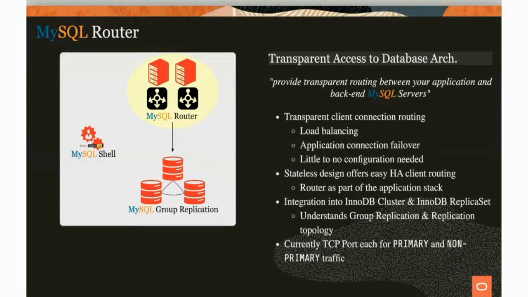Very important is that there's little to no configuration needed. It's very lightweight, and Shell actually configures the group and sets some metadata in the database server, and the router will read that and listen on that, and it will know when members are added and removed. It will automatically learn that.